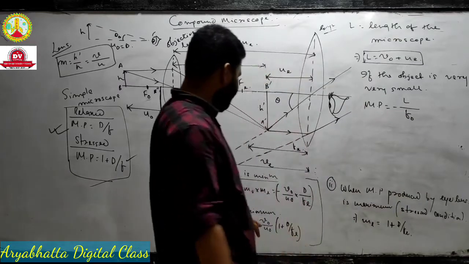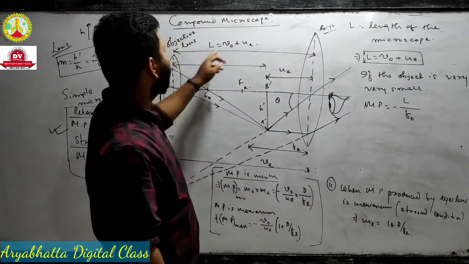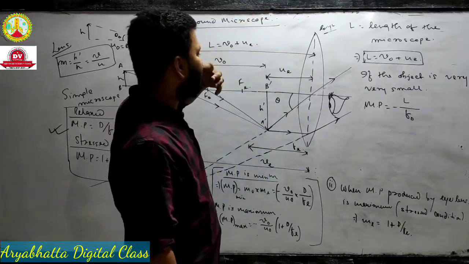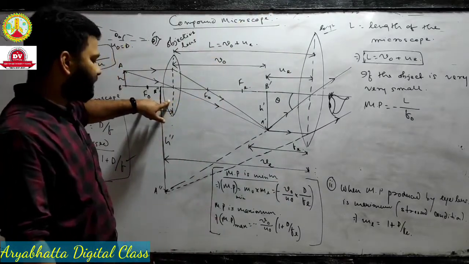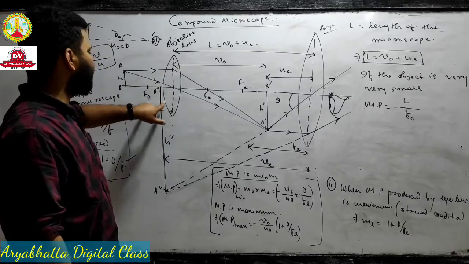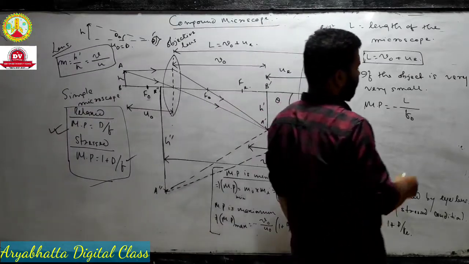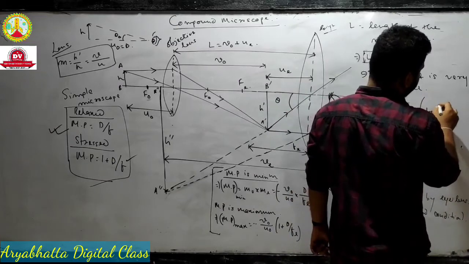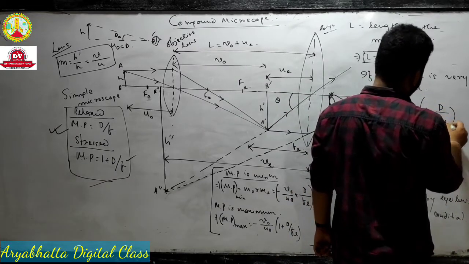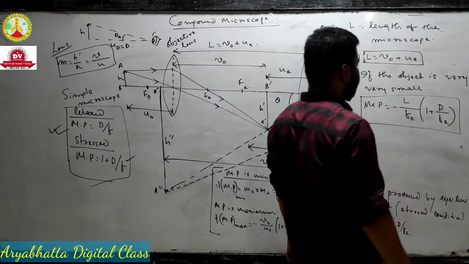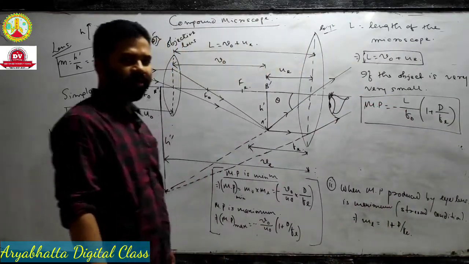That is, instead of V naught, you write L, the length of the microscope, divided by F naught, which means instead of U naught it will be F naught, within brackets 1 plus D by Fe. So remember this formula only when the object is very small.